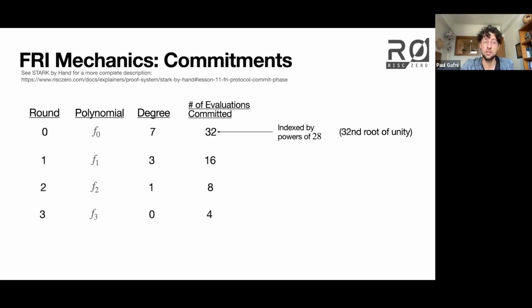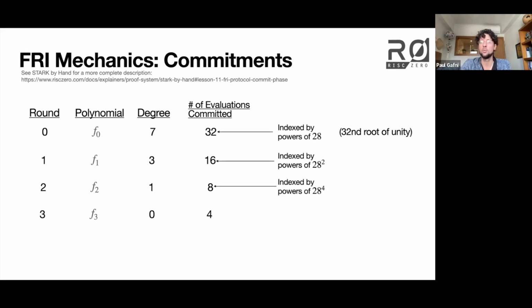So for this first commitment, we evaluate F0 at each power of 28. And for the next commitment, we evaluate F1 at each power of 28 squared, which is half as many.